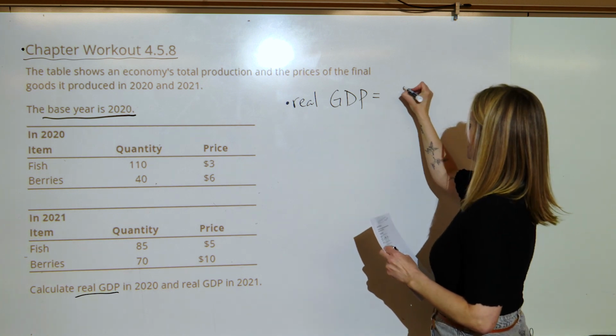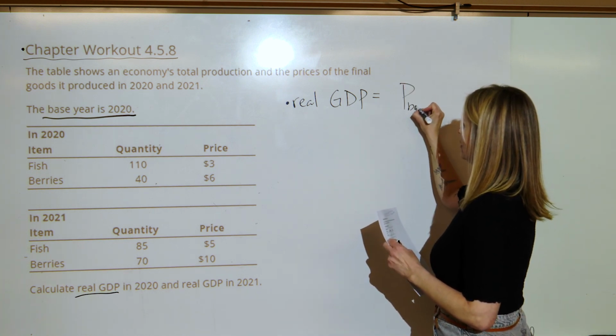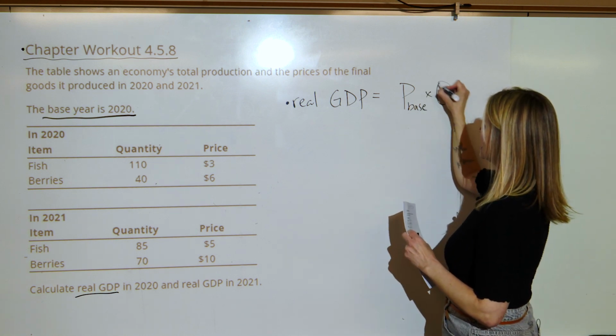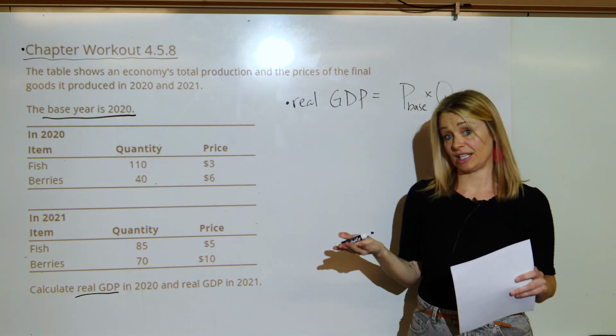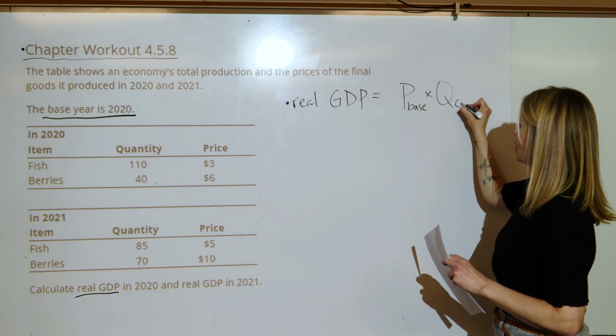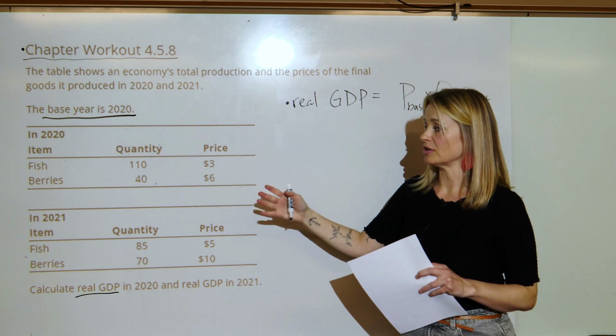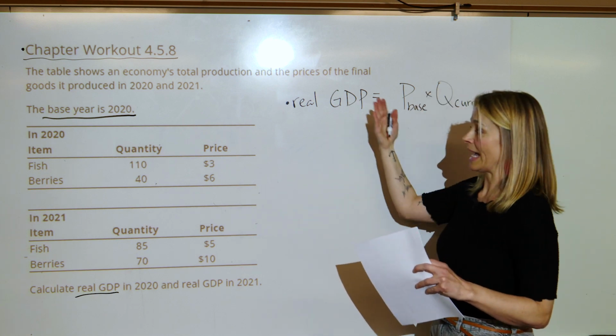So we take the price of the base year times the quantity of whatever the current year is that we're interested in, for all the different goods. There's only 2 in this example. Then we add all that up.